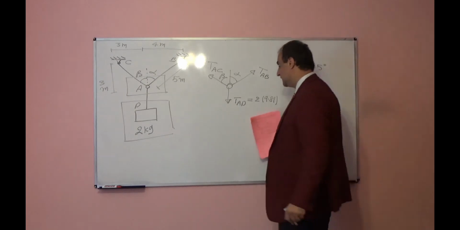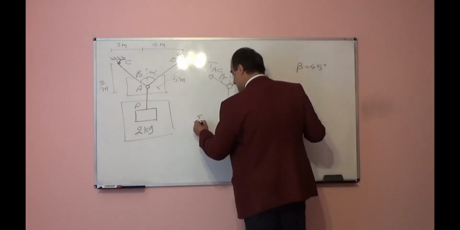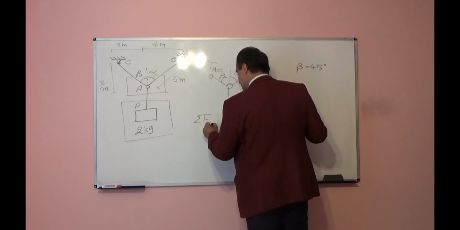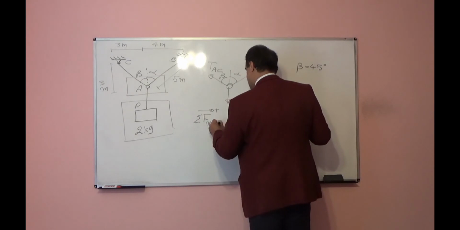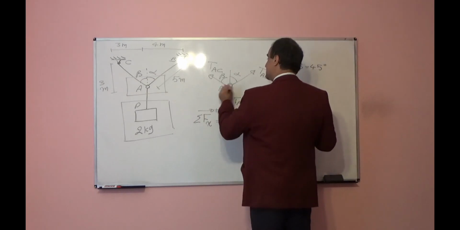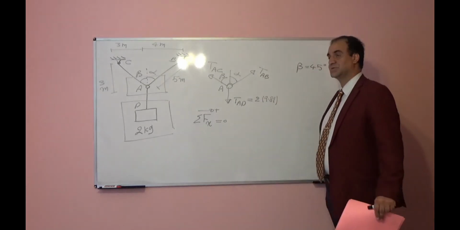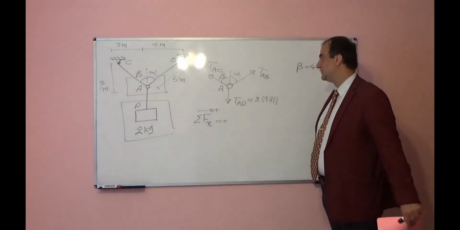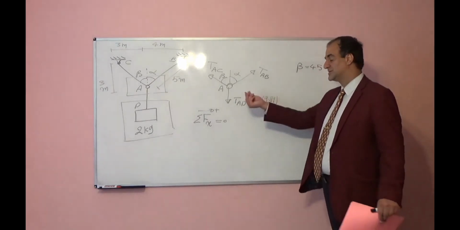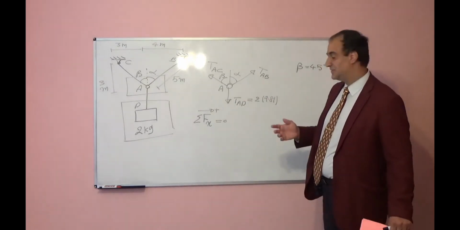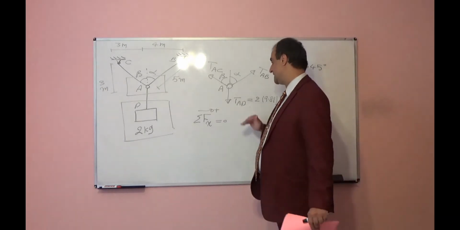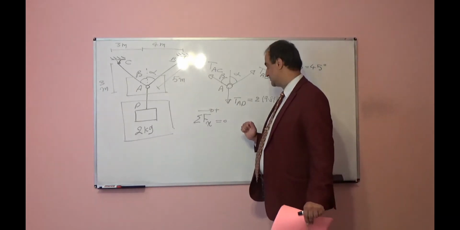Now, I write the summation of forces in the x direction equal to 0, because point A should be at equilibrium. In order to have point A in equilibrium, it should not move in the horizontal direction. That means the summation of forces in the x direction should be equal to 0.